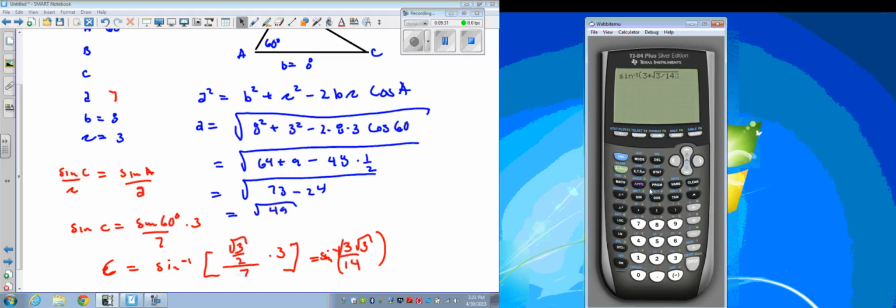Oh, do you see what this thing did? I hate this thing because that square root... it doesn't take that square root out. Where's the button?